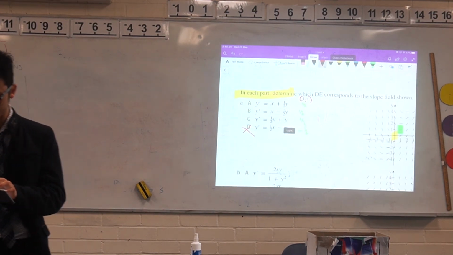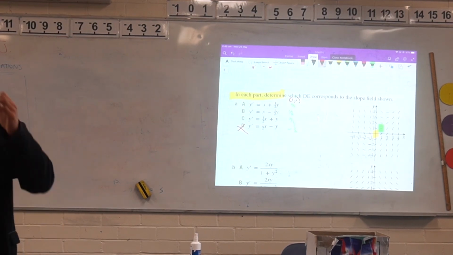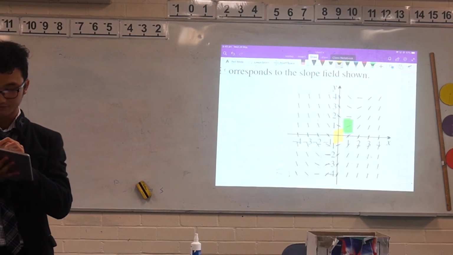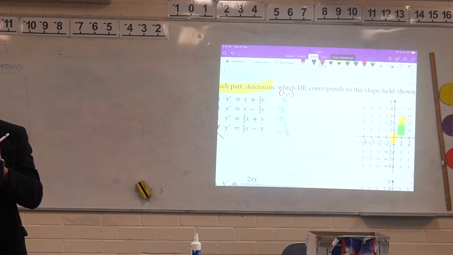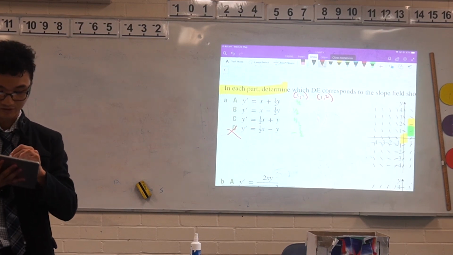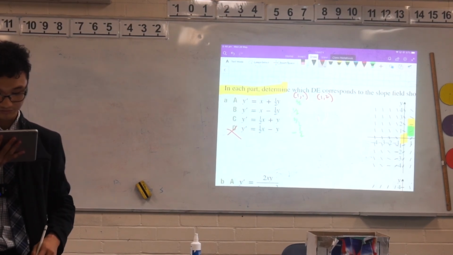Okay, what about another point? What other things are you thinking of? 1, 2? Yes, and 1, 2 is good because it should be 0, so that's an easy one to check. So let's put in 1, 2. And I only have to check 3 of them now, which is nice. If I put in 1, 2, what does that become?